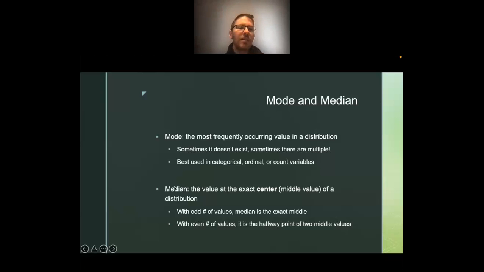The median is the value at the exact center, meaning you listed all of the values and you found the one value that 50% of them are below and 50% of them are above. If you have an odd number of values, the median is the exact middle number because it would have an equal number on either side. Or if you have an even number of values, you take the two middle ones and you divide them by 2. You take the halfway point between them.